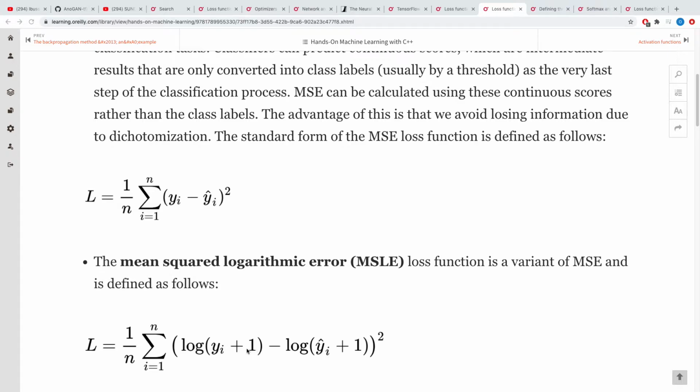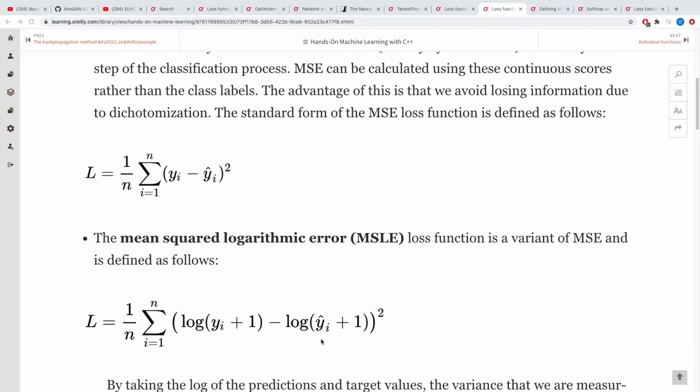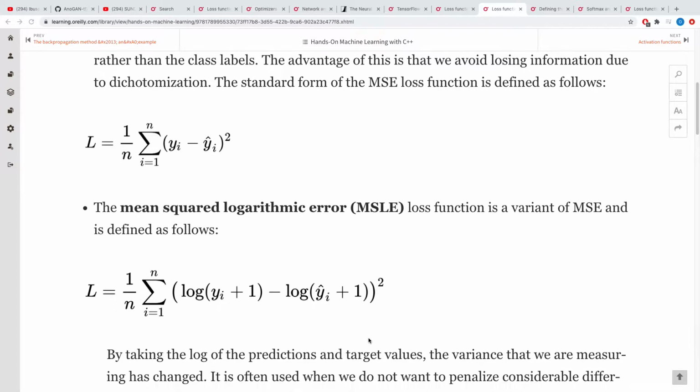So I'm pretty sure you're adding 1 to avoid log of 0, which is undefined. So for instance, if your y_i is 0, they add 1 to it so that they won't be doing log of 0. You can say the same thing here. For each data point you square, you sum up, and you normalize by the number of data points.